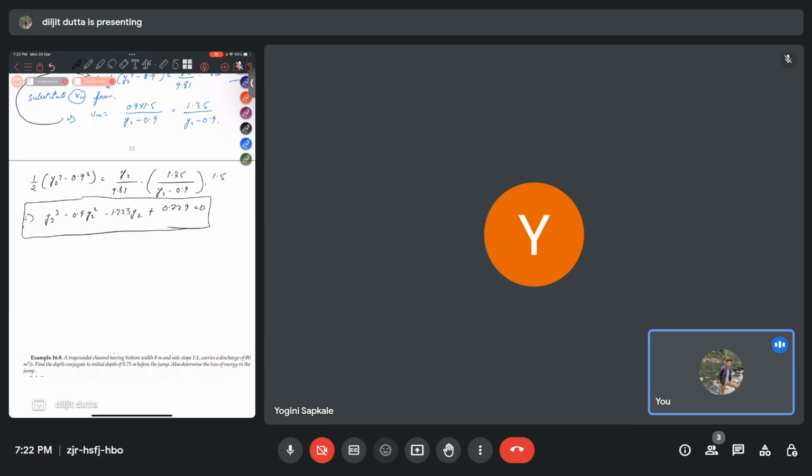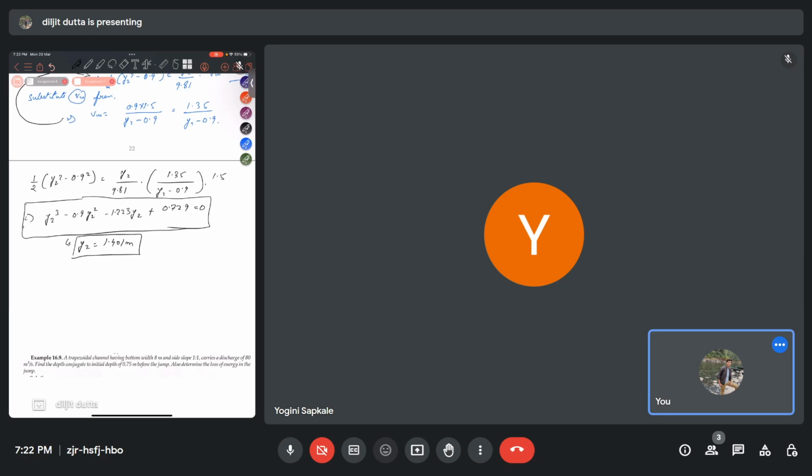Based on that, we'll assume a value somewhere between 1 and 2, and proceed by this trial and error method, or you can directly solve this cubic equation using a scientific calculator. If we put in the equation, the calculator will give an approximate value. So by trial and error, we get y2 is approximately 1.401 meter.